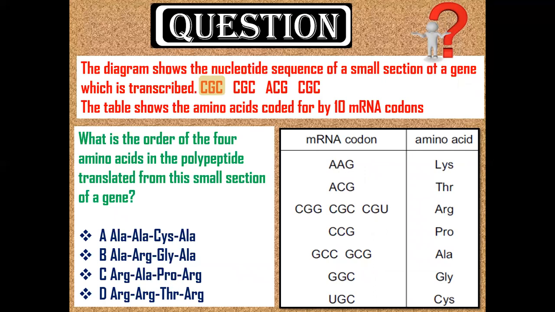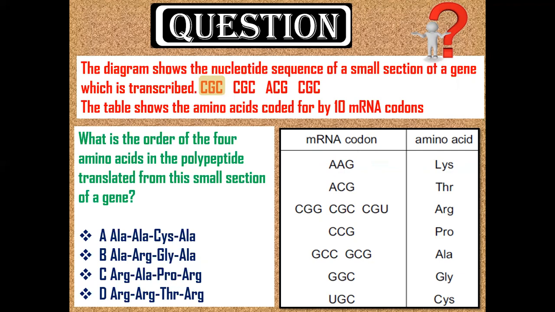Now, in this type of question, the diagram shows the nucleotide sequence of a small section of the gene which is transcribed. This small section of the gene has been transcribed and translated into the protein. The examiner has given us a table, and in this table, messenger RNA codon sequences are available, while opposite, the amino acids are given.